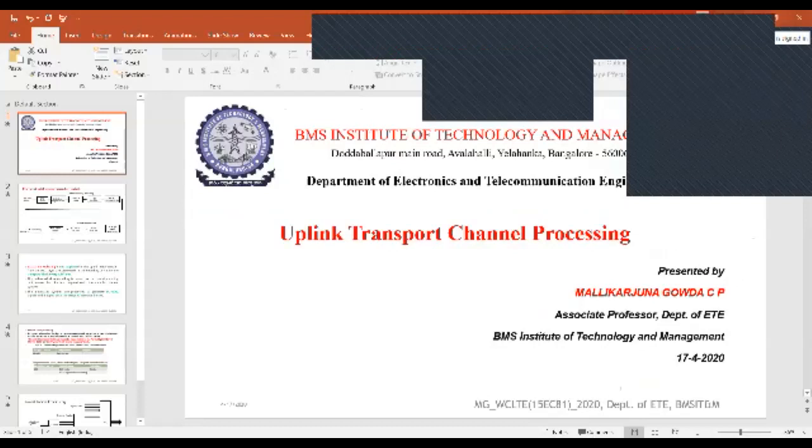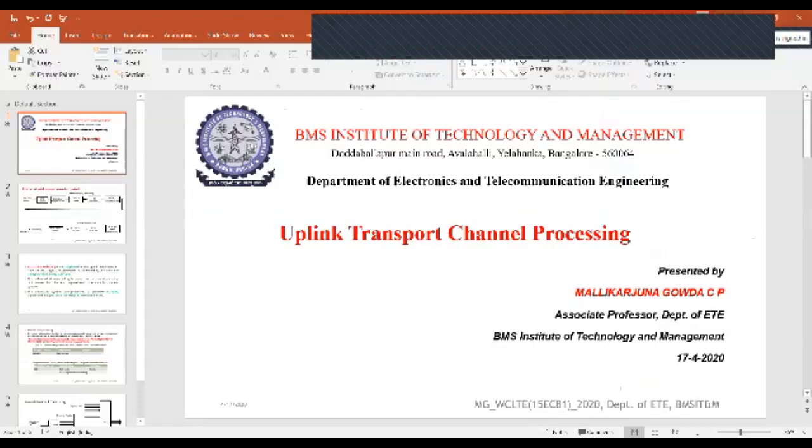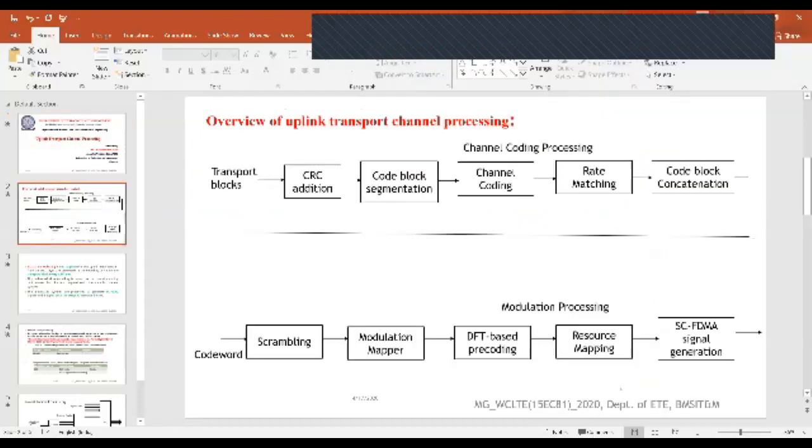I said it has channel coding processing as well as modulation processing, right? So the transport block from the MAC layer goes to the CRC addition, meaning we are adding CRC bits for the purpose of error detection, right?